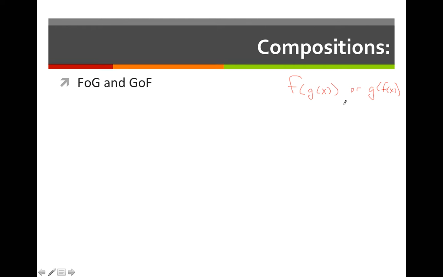In Fogg, f of g says take the function g and plug it into f, or take the function f and plug it into g for g of f. In the same sense, f of 3 says take the number 3 and plug it in place of x for the value, and usually you get some sort of number out of the function.